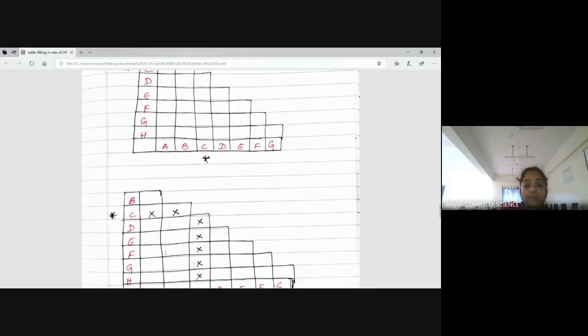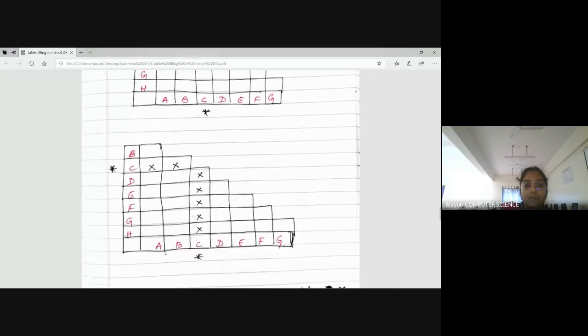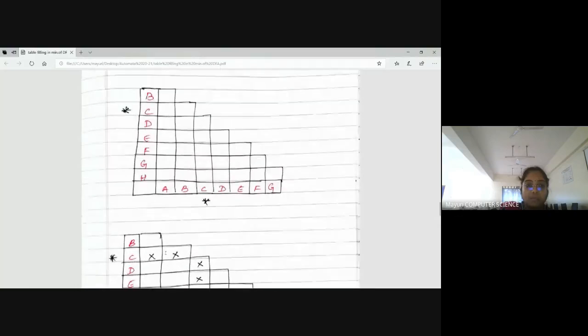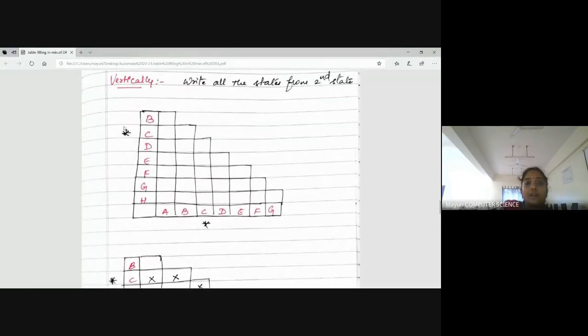Understood? So which all will get the cross mark? All C combinations. A final state, remaining all non-final. So AC make a cross, AD make a cross, AE, sorry, AC. What next?